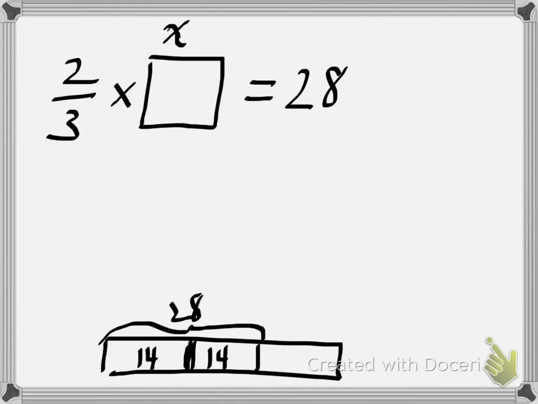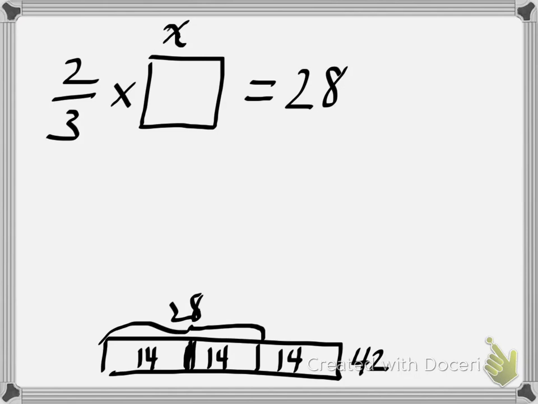So that's 2/3 of the money. So this, once again, is a third. It's the same size. So it also has to be a 14. And that's going to end up giving us 42. So 14 times 3 is going to be 42.